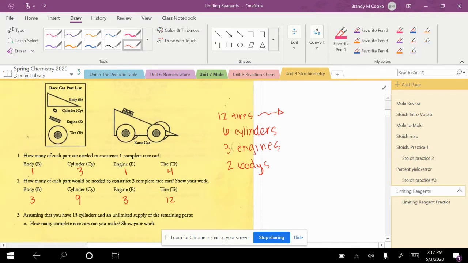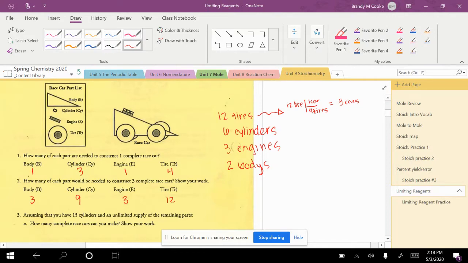If I have 12 tires, and each car has four tires, then 12 divided by 4 equals three cars. Sweet, so I can make three cars, right?